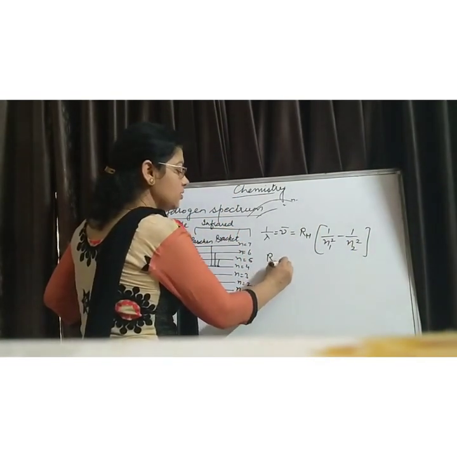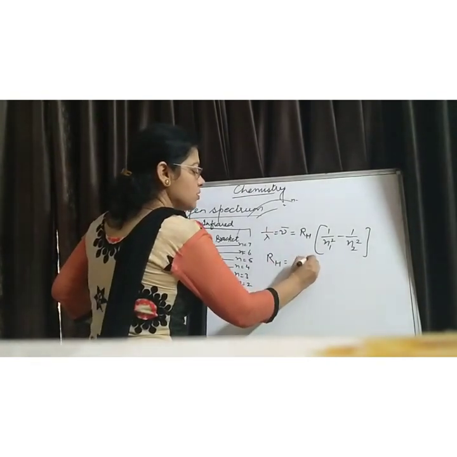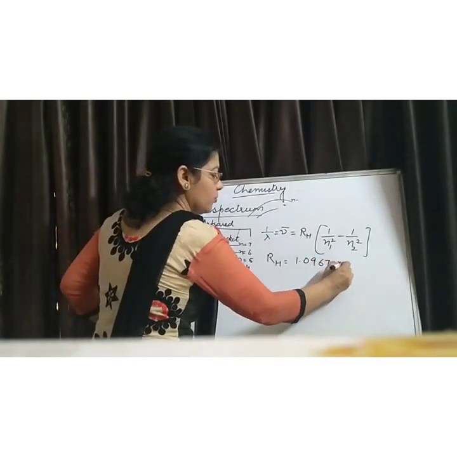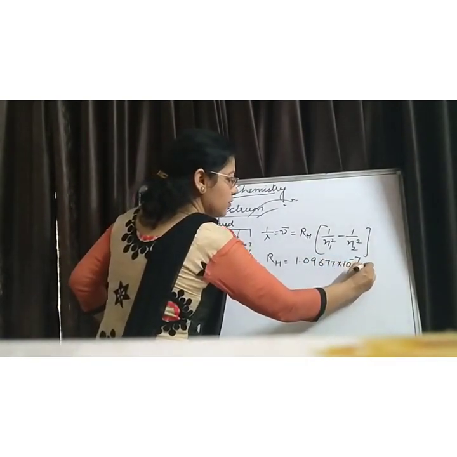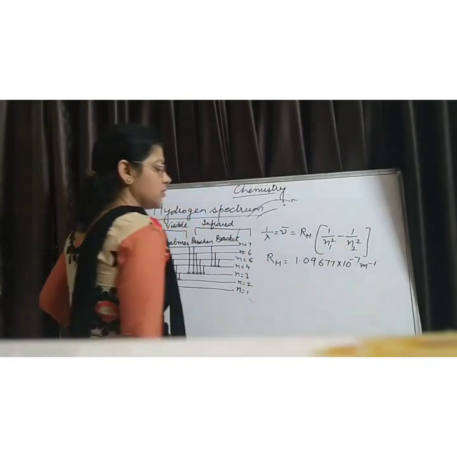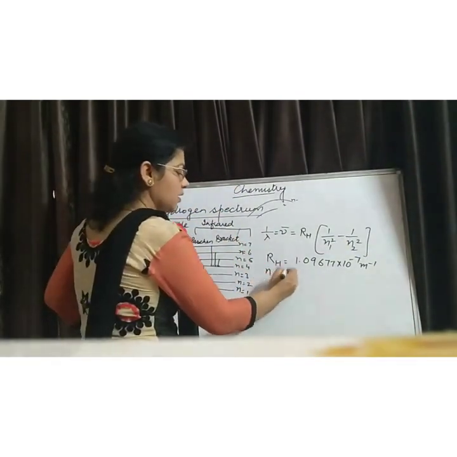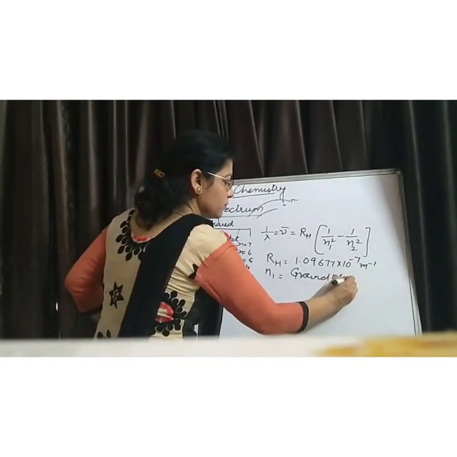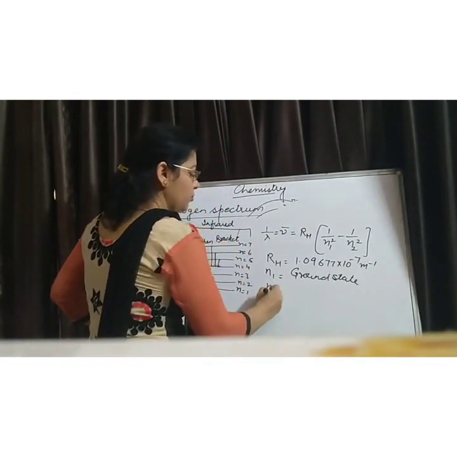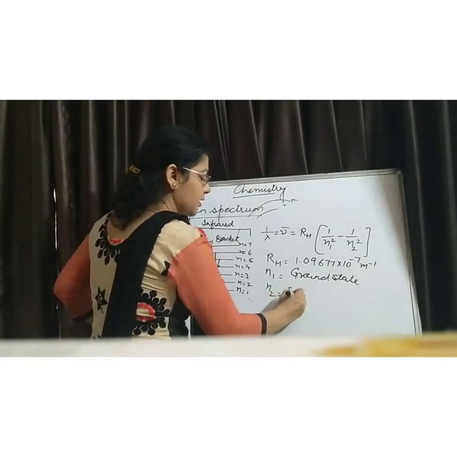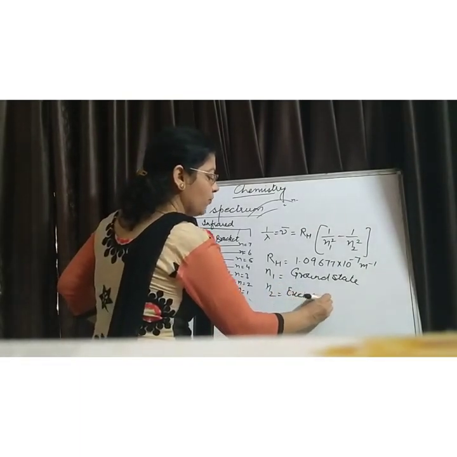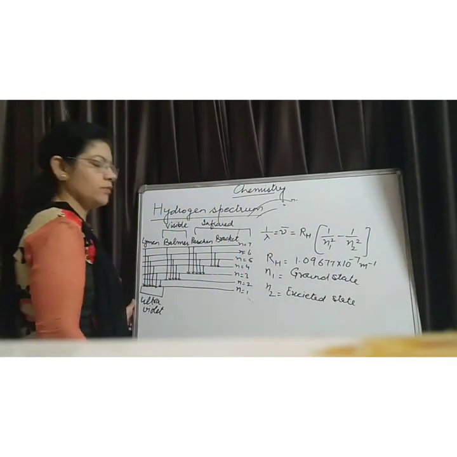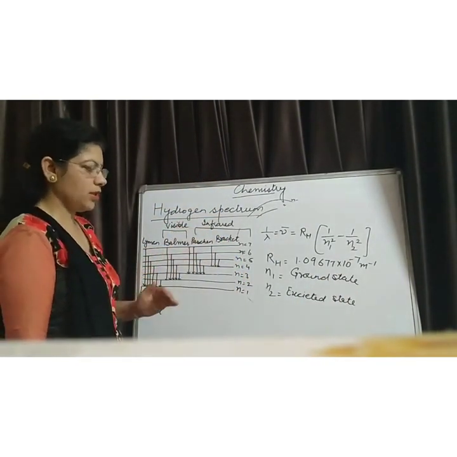As it is a constant, its value is 1.09677 into 10 raised to power minus 7 meter inverse. N1 is the ground state of the electron, and N2 is the excited state of the electron, from which it jumps to the ground state.